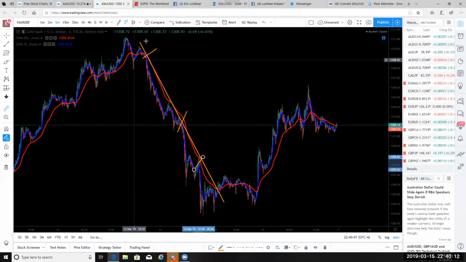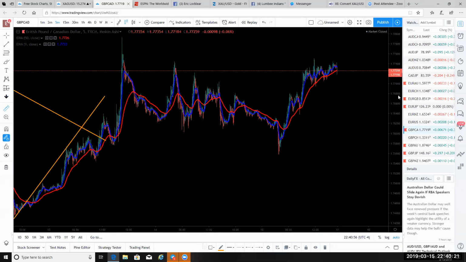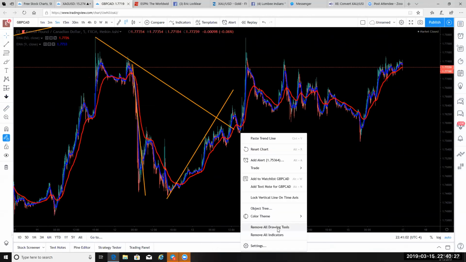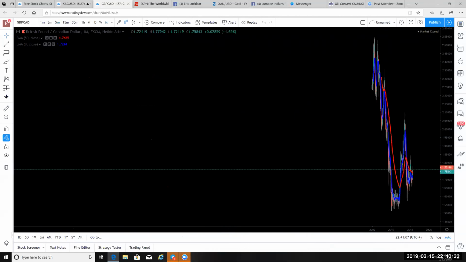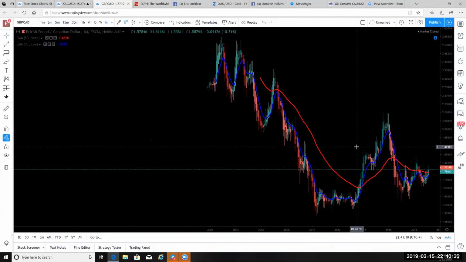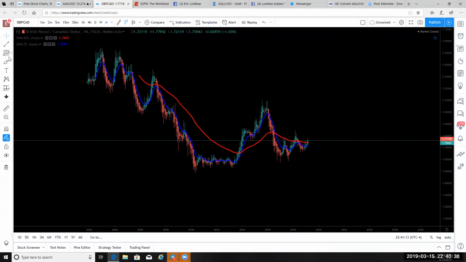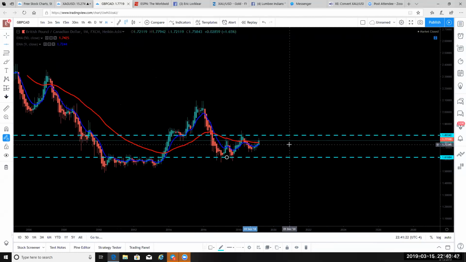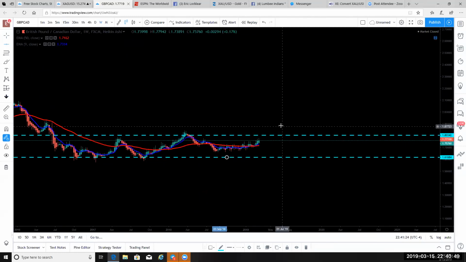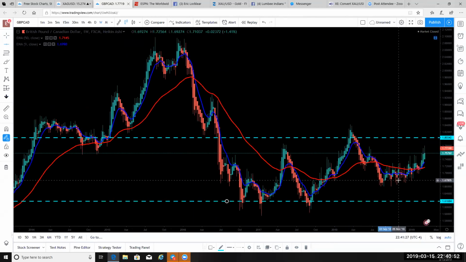And that is from a markup. I'm going to give you an example of that. Let's say we were going to do GCAD. When I told you I marked up my support, my demand zones and my supply zones, a lot of times I'll look for pairs that are really close to the top.